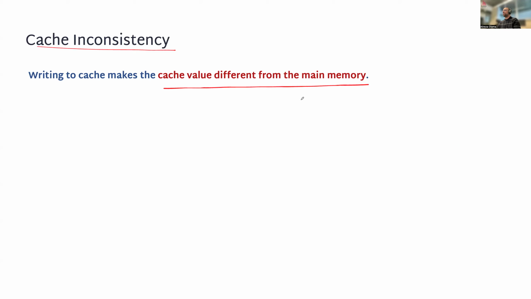This is called cache inconsistency. Typically, we have a couple of ways to handle this inconsistency, but there are two main approaches, which I would like someone to tell me. What are the main methods to handle cache inconsistency in a typical computer system? Any ideas?